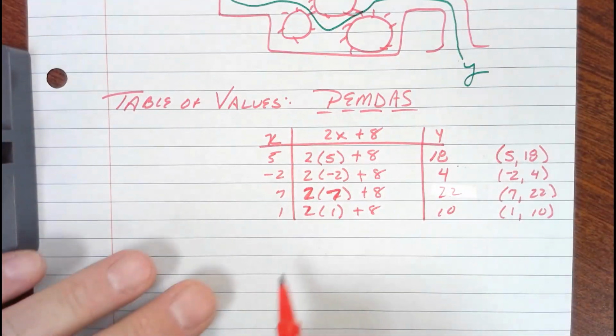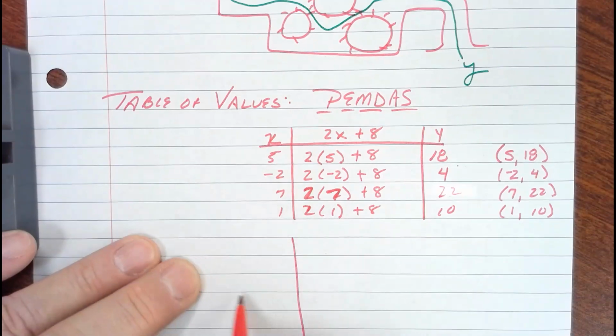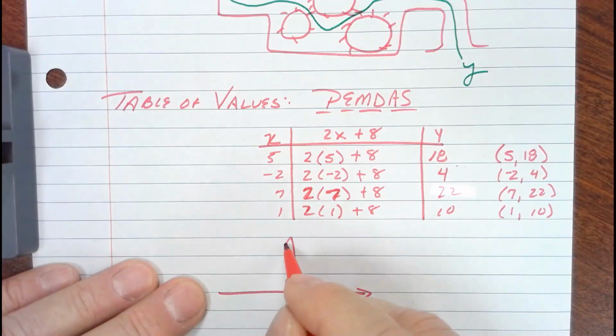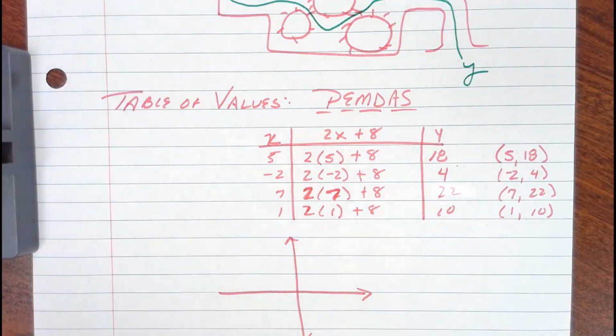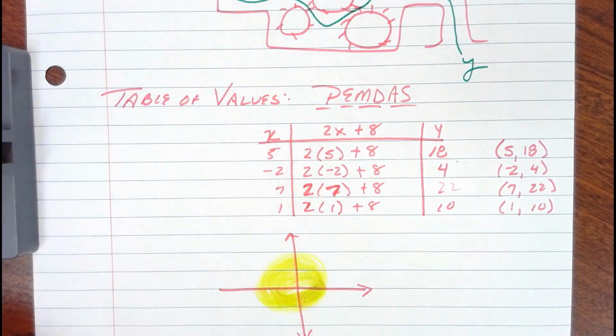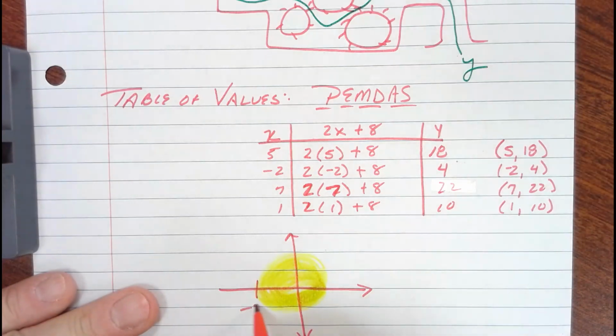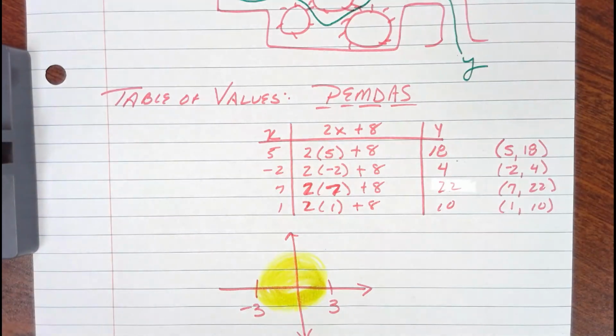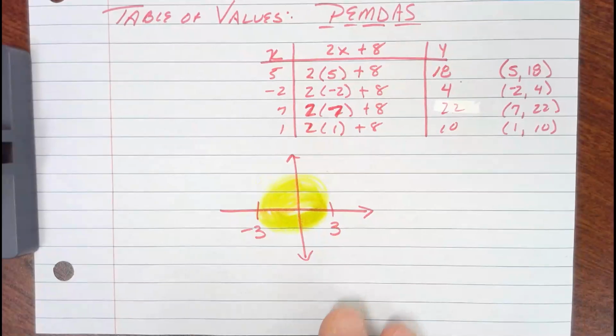But primarily, what we always like to do is we want to know what's happening to the graph, most importantly, right around the origin, right around this area. So we typically choose values between -3 and 3 for our x.